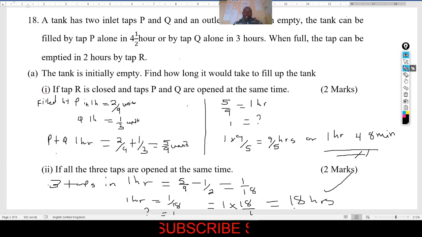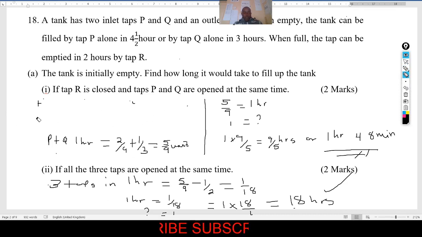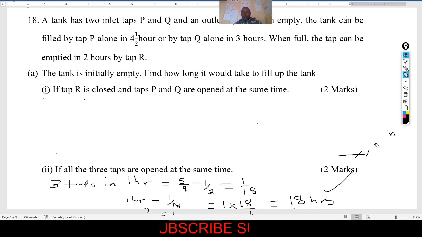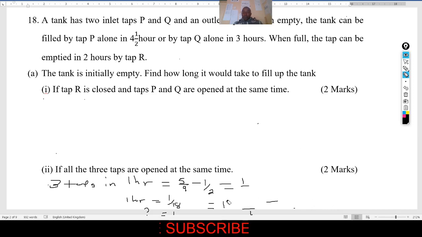Now we move to the next question. The next part of this question is asking that we find the rates of work.